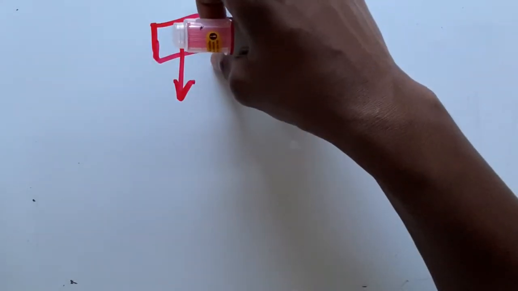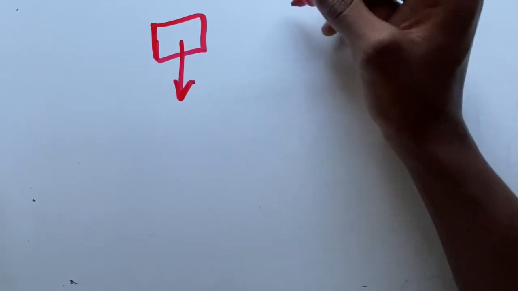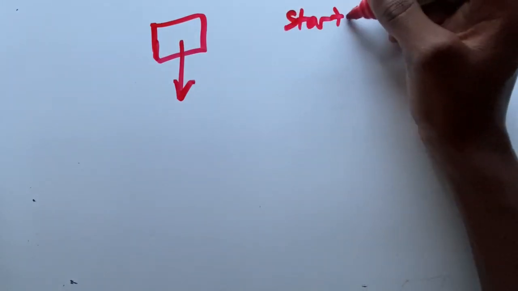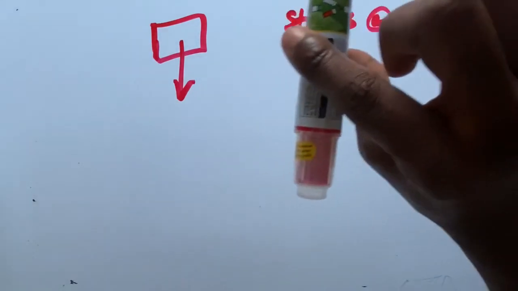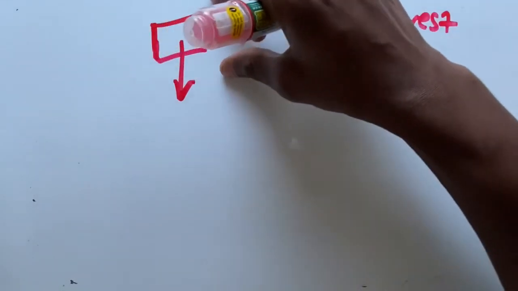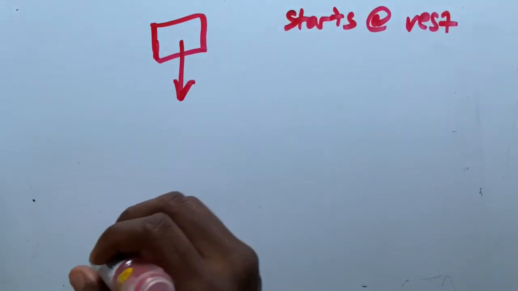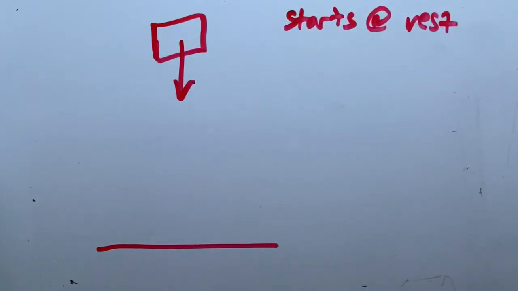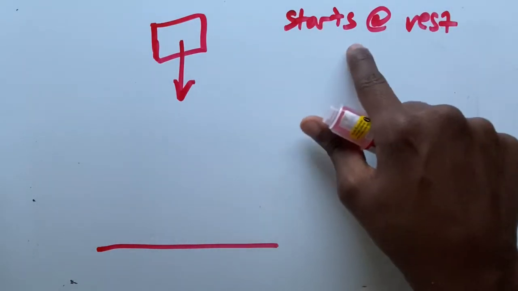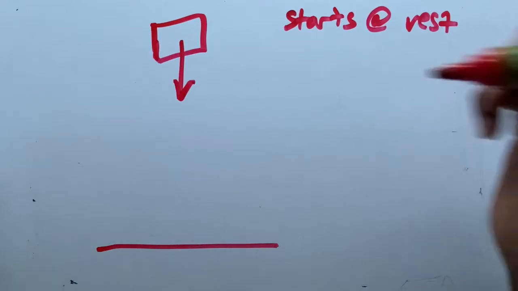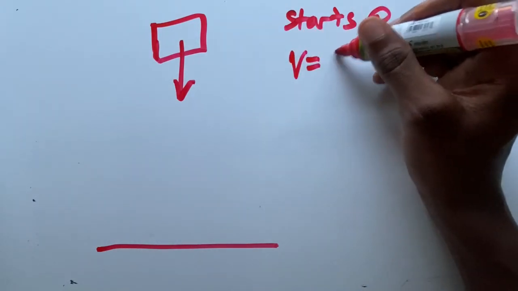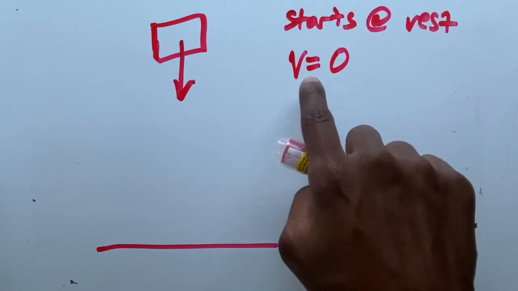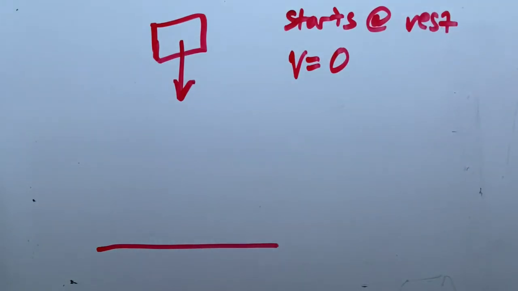And let's say it starts at rest, because we're holding it up here, and we just let it go and it falls down here. Initially, at the very beginning, since it starts at rest, the velocity is 0.